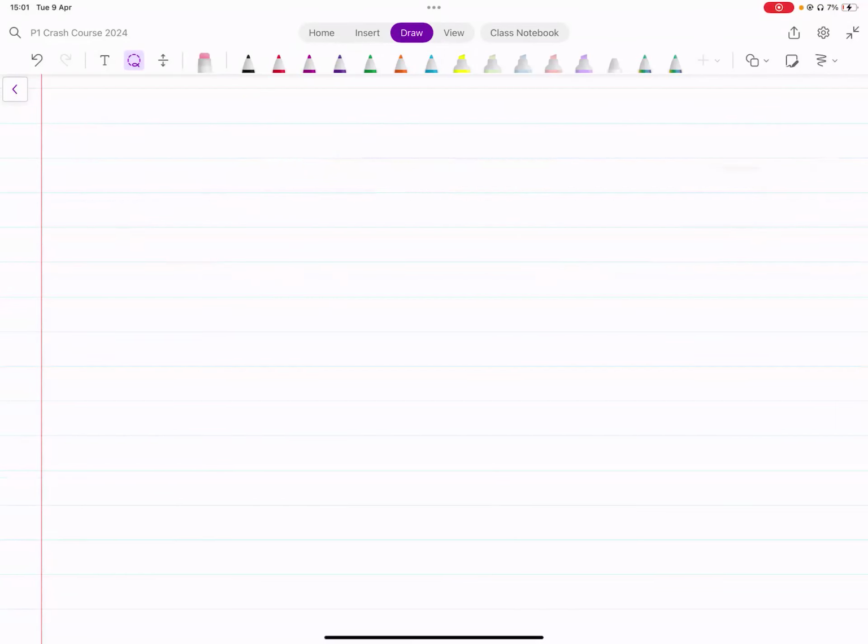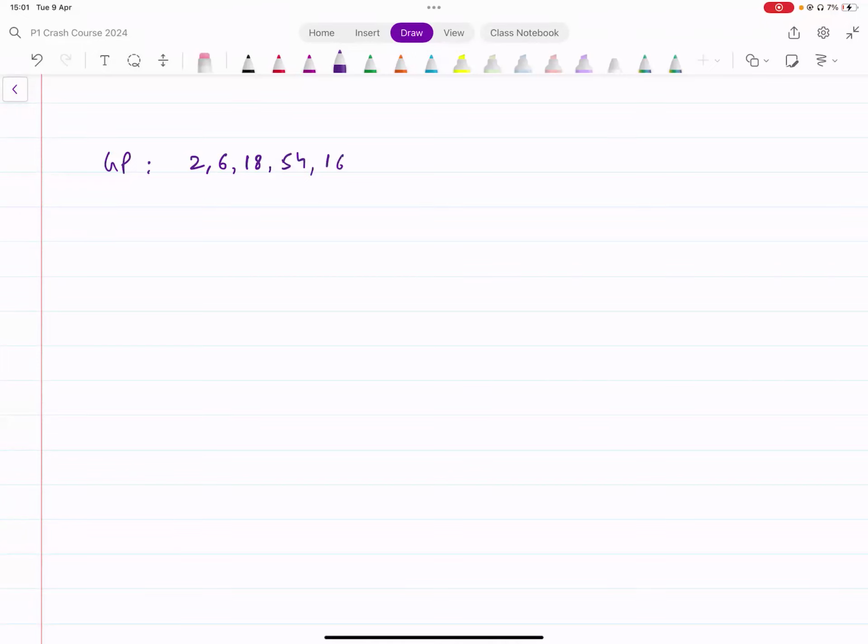Now, what about a GP? Let's say you have a geometric progression like this: 2, 6, 18, 54, 162, and so on. This is a geometric progression. You're multiplying each term by 3 to get the next term.